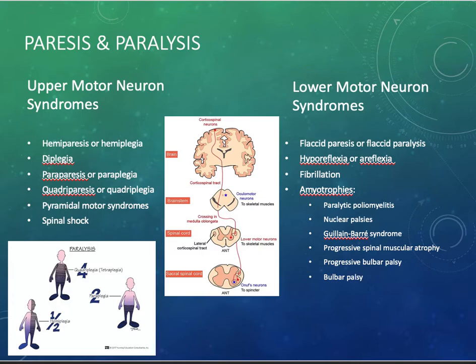We might see pyramidal motor syndromes, where we have dysfunction of these tracts of the spinal cord. Remember that we're talking about the motor neurons that go down into the spinal cord. And so we may see hyperreflexia. We may see changes in other reflexes.